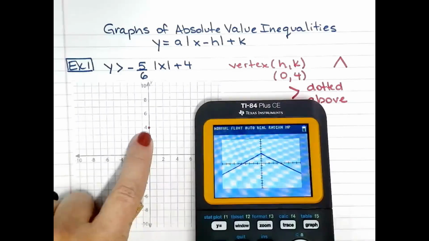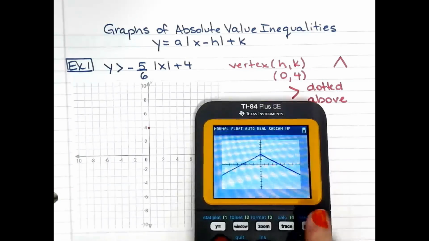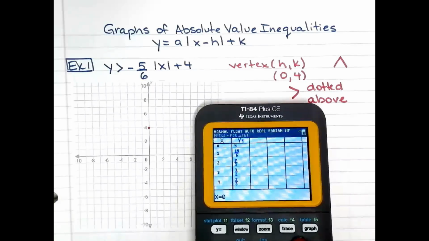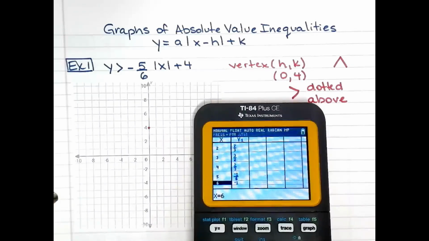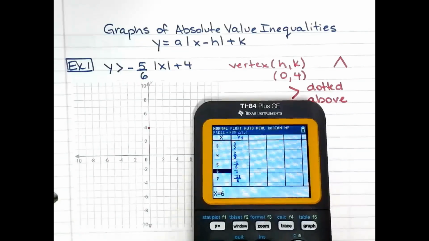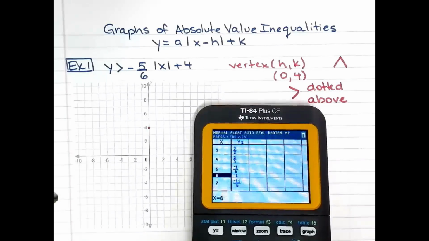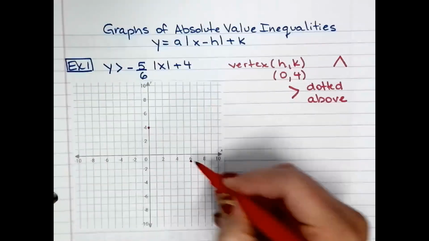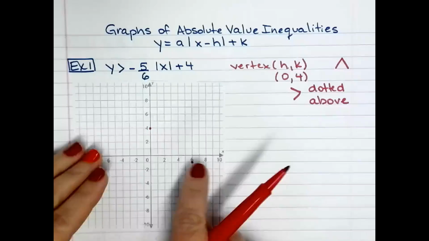Okay, so my vertex is the right point, but how do I know where to find the next point over? Well, go to the table and find a good looking point that you can plot. Well, (0, 4) is the vertex. Let's see if right here I have a whole number. So (6, -1), and that's going to be the point I'm going to graph. And I know if I have (6, -1), I can just mirror that.